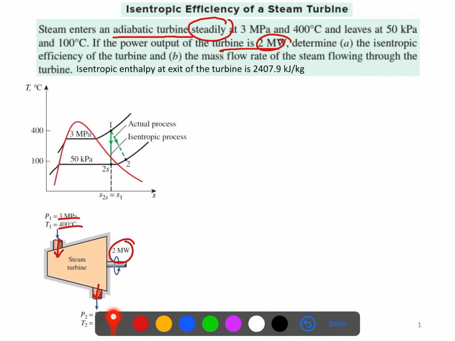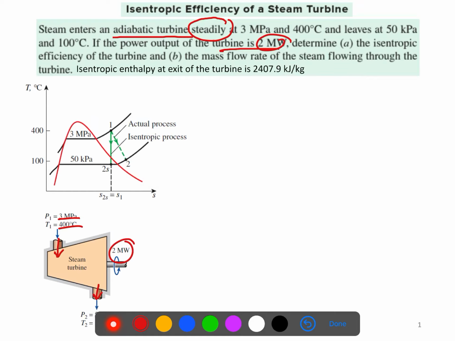We have this input. So now what we need to do is determine the isentropic efficiency of the turbine. We already discussed, when I discussed the theories, what the isentropic efficiency of the turbine is. We know the formula and the mass flow rate of the steam flowing through the turbine.